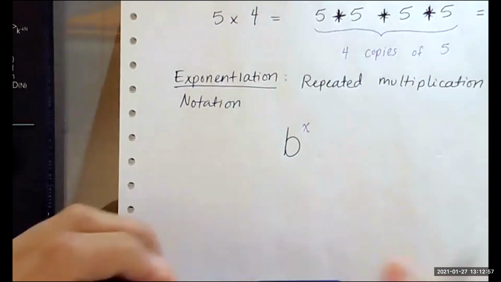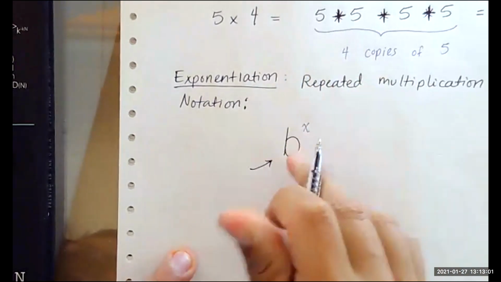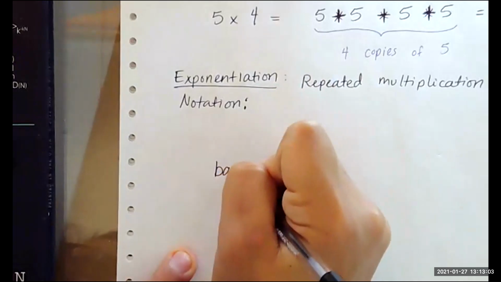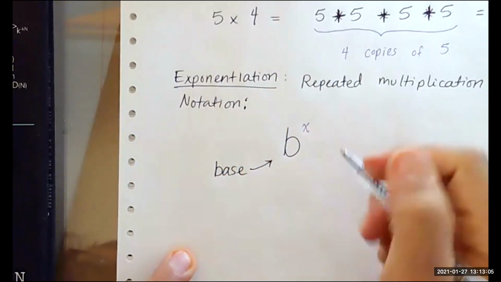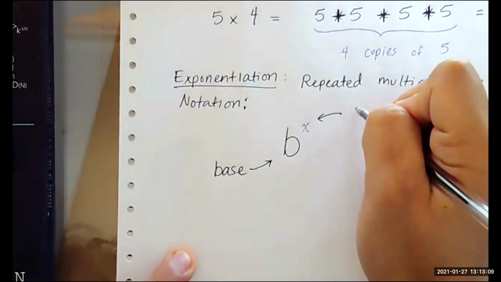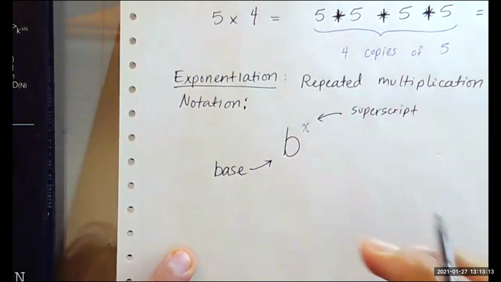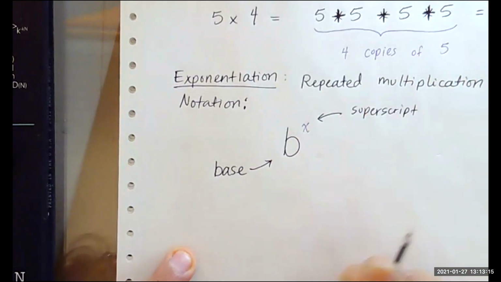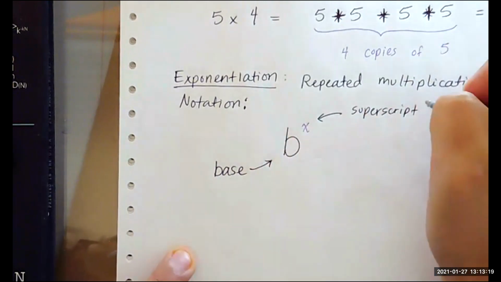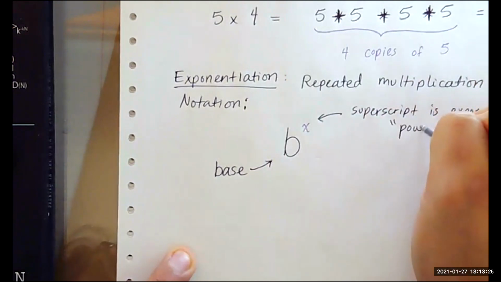Okay. So we call this B because it's the base. And this up here, this number that's a superscript, it's a smaller typeface, and it's raised in the upper right-hand corner of the base. The superscript is the exponent, but sometimes we call that the power.